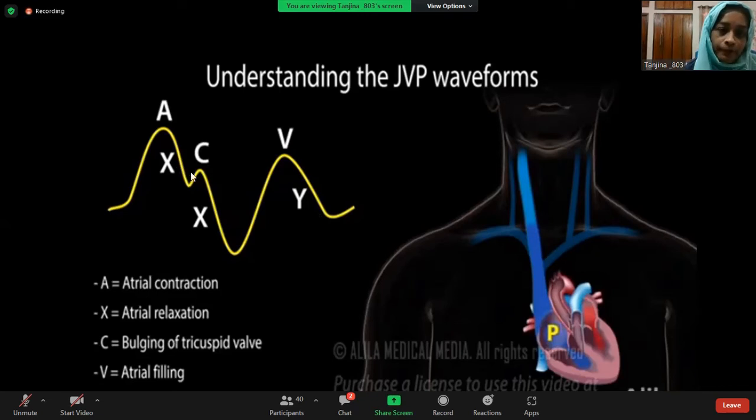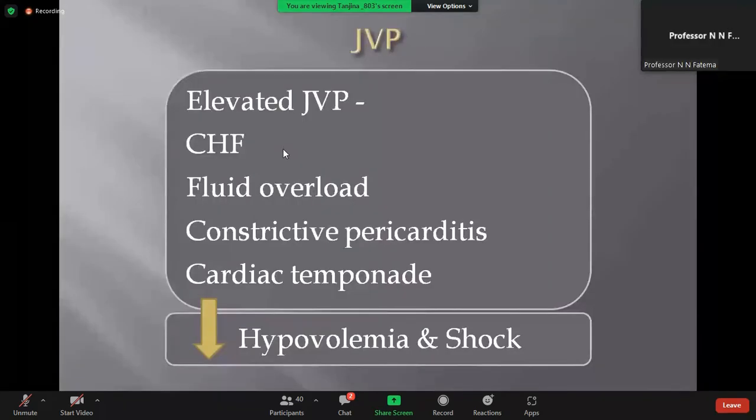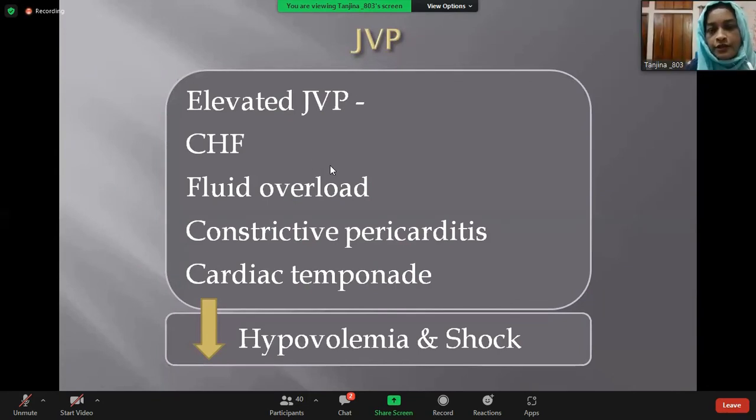So the jugular venous pulse has 3 waves and 2 descents. Congestive cardiac failure, fluid overload, constrictive pericarditis, and cardiac tamponade are the most important causes of elevated JVP, and hypovolemia and shock are the most common causes of decreased JVP.